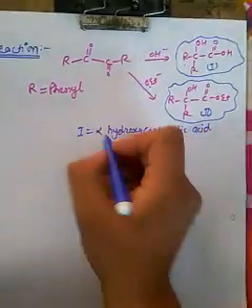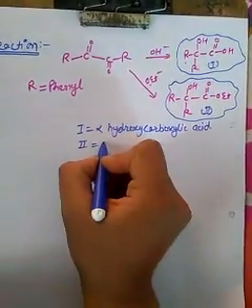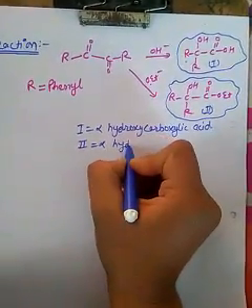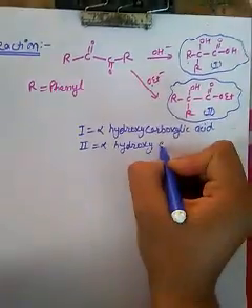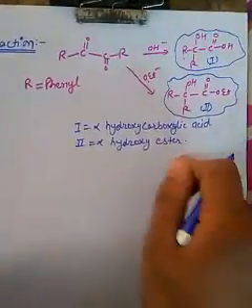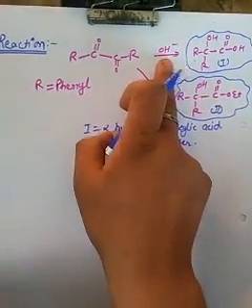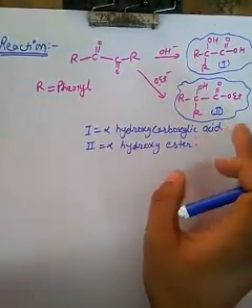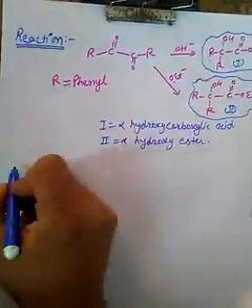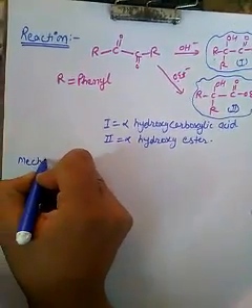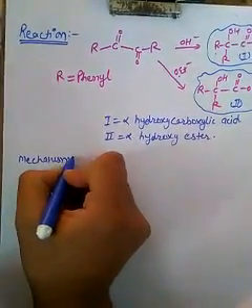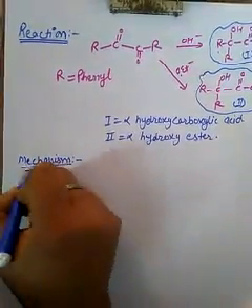The name of the second compound is alpha hydroxy ester. So ester is formed when the base is taken as sodium ethoxide instead of sodium hydroxide. Next is the mechanism of the reaction.